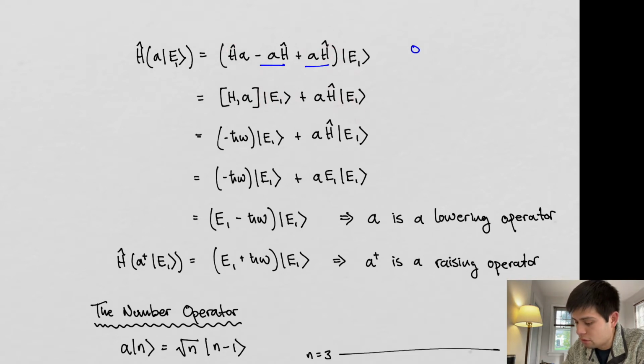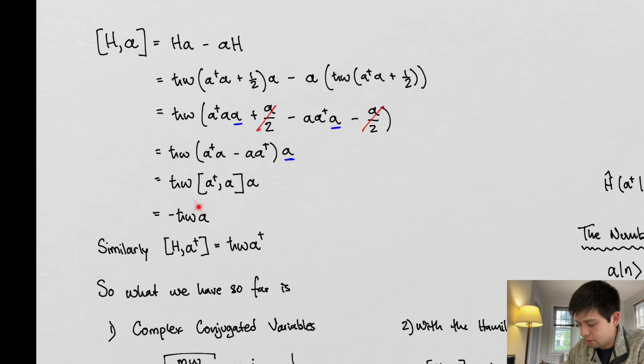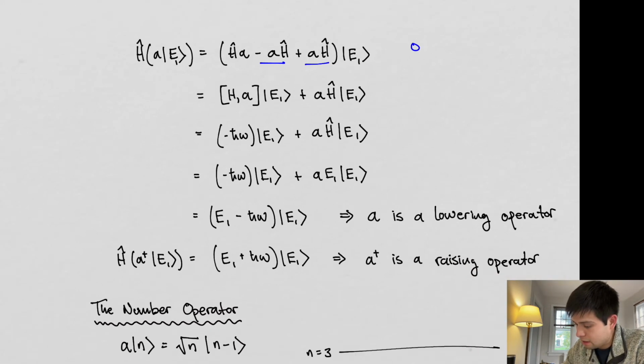Okay, so let's keep on going. We've said that this commutation relationship is right here. We've established that in the past, or over here. And then we're carrying these down here.